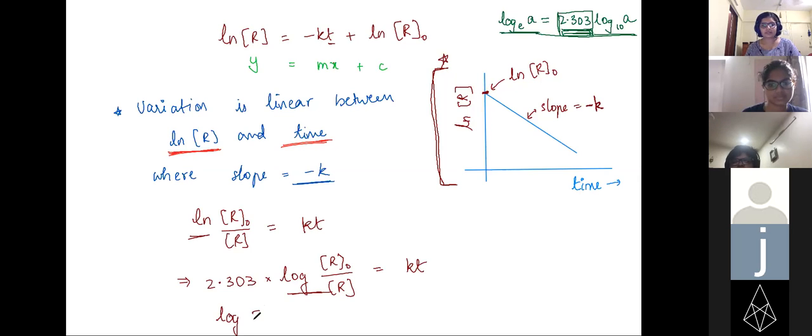So log R will be equal to minus KT by 2.303 plus log R naught.